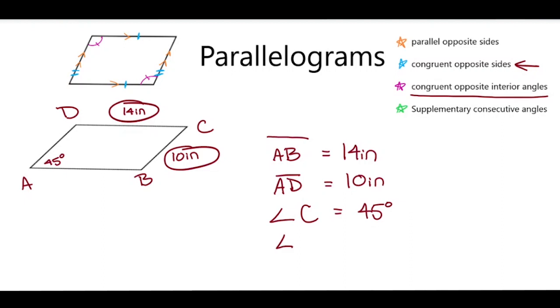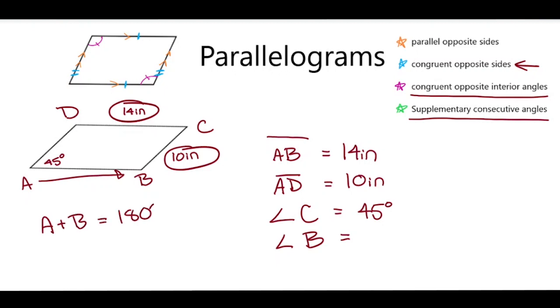What about angle B? How do I find the measure of angle B? Well, we know that parallelograms have supplementary consecutive angles. So that means if I know a consecutive angle with A would be B. So that means that A plus B must equal 180 degrees.